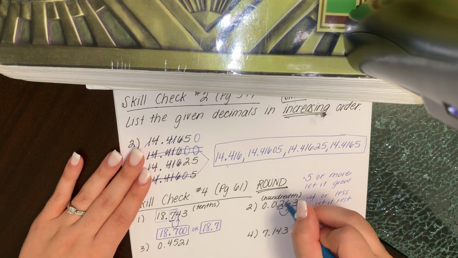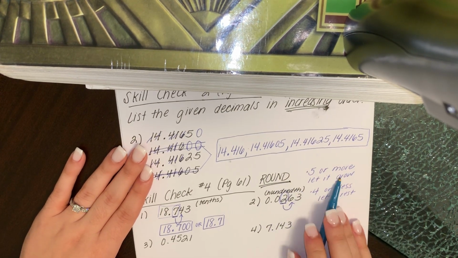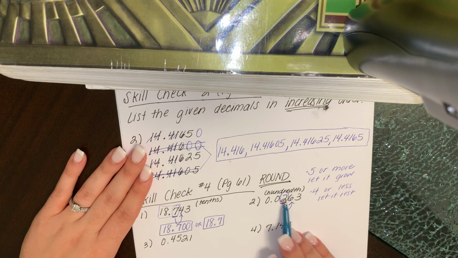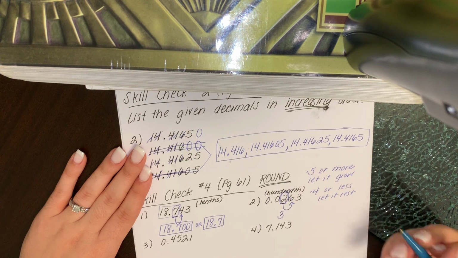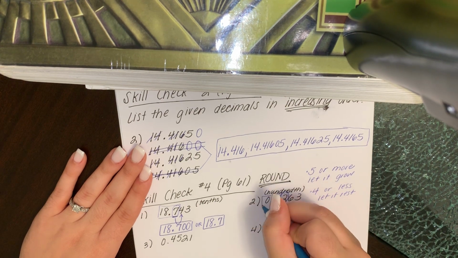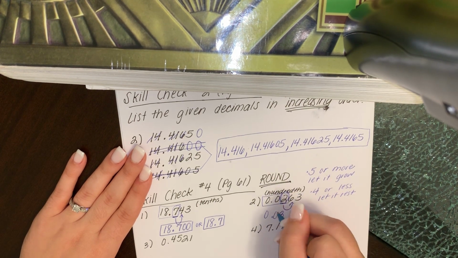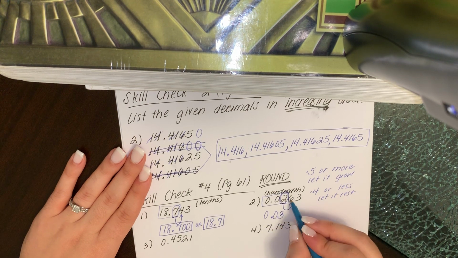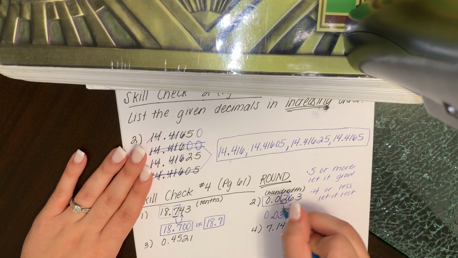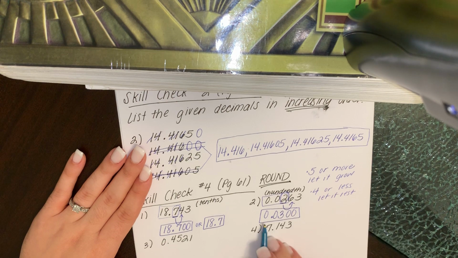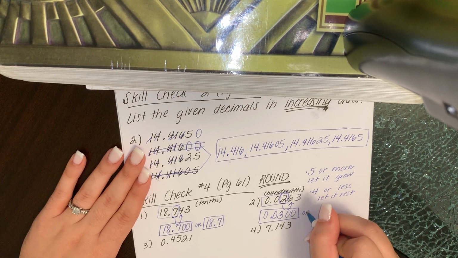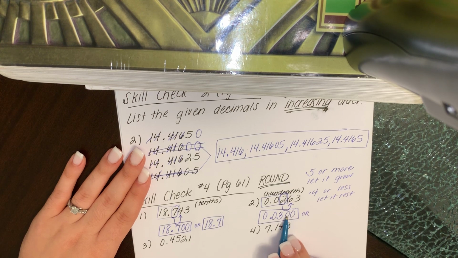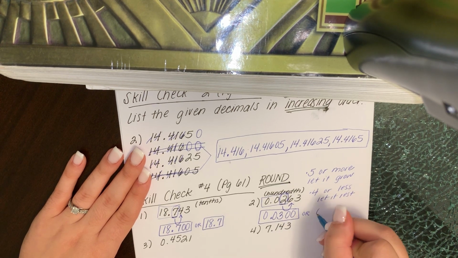So I'm going to let this number grow. If I let it grow, what is it going to become? That's right. It's going to become a 3. Everything in the front stays the same. And everything in the back just becomes 0, 0. So 0.0300 is correct. Or you can always get rid of the zeros in the back and just put 0.03.